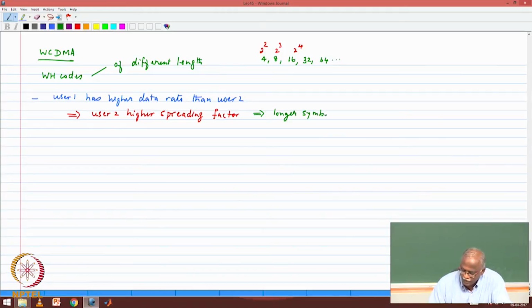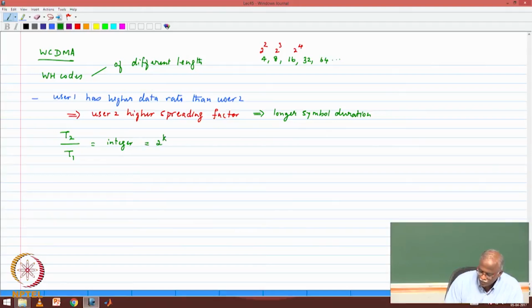I hope you see the links between that. And so, now the condition is the symbol duration of user 2 divided by the symbol duration of user 1 has to be an integer and it has to be a power of 2, because that's what will be allowed because of these different spreading factors. So, when I take the ratio.